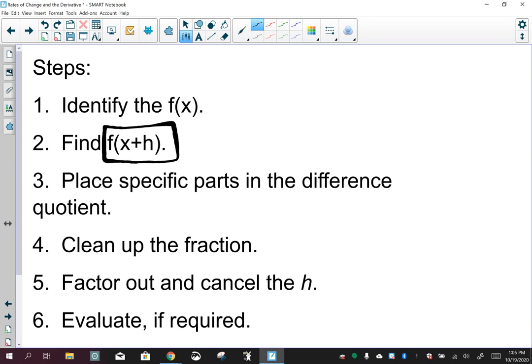And when you clean up that numerator, everything that does not have an h in it should cancel out. So that way, when you put number 3, when you put the difference quotient back together, all your h's will eventually be able to cancel out. And then, depending on what the question is, you're going to evaluate.